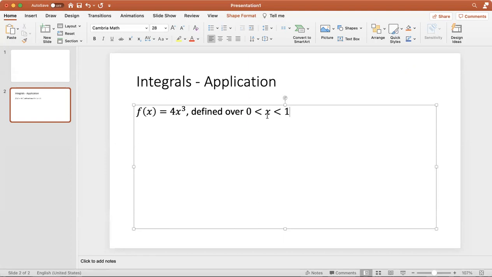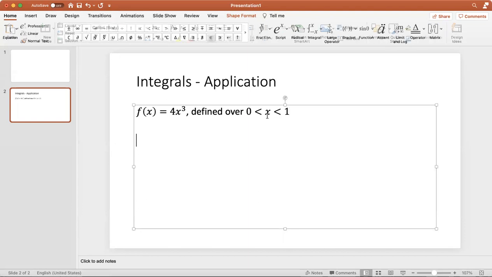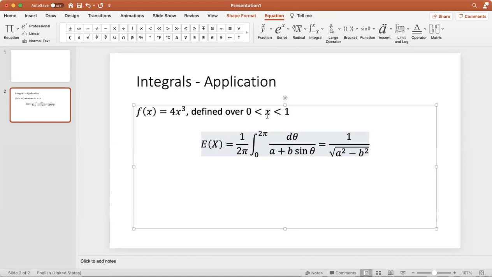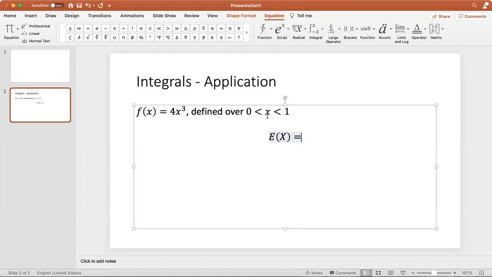So to solve for the expected value, you already know this, the expected value of a random variable x is given by the integral. It's basically an example of a definite integral.